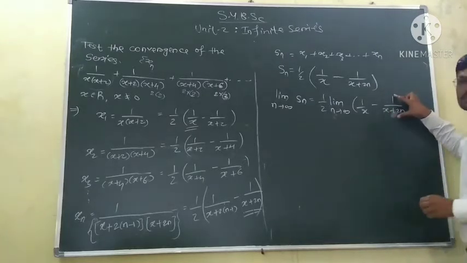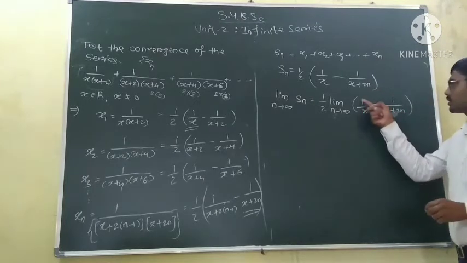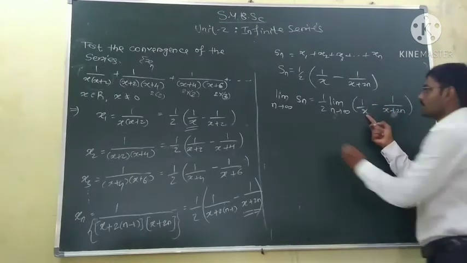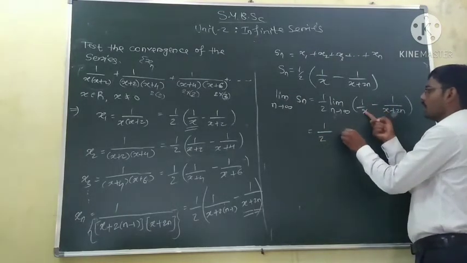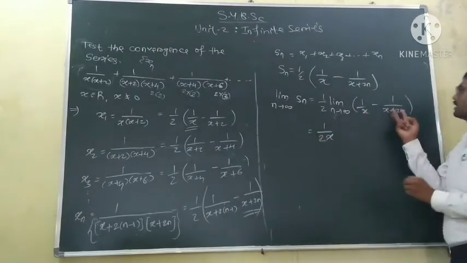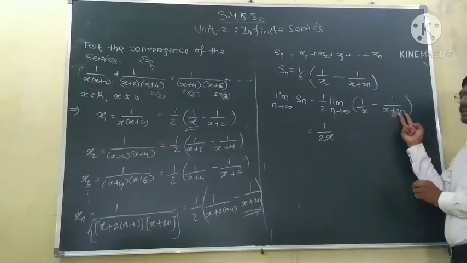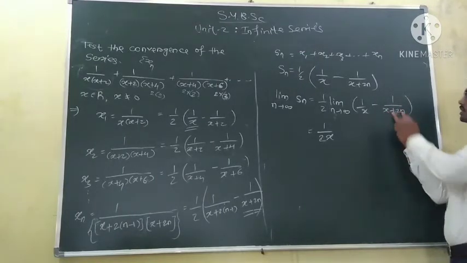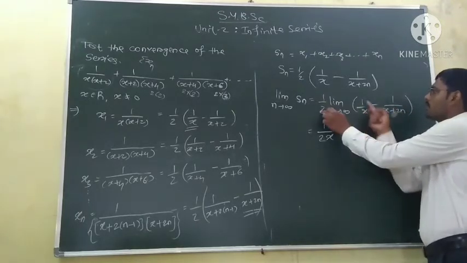This term tends to 0 as n tends to infinity, and in the other term there is no n, so it remains constant as 1 by x. So the limit becomes half into 1 by x, that is 1 by twice x.